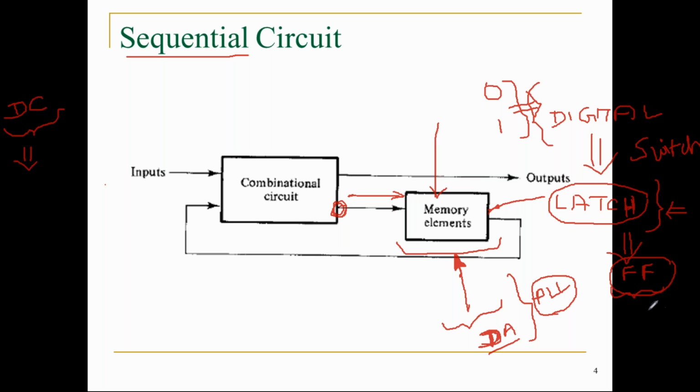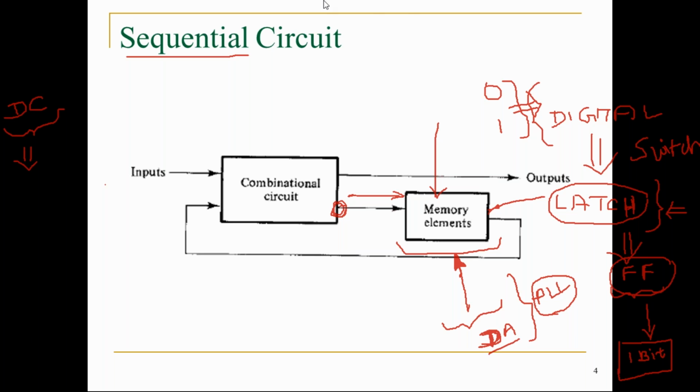So a latch or flip flop is a unit used to store the element. How many bits can be stored? Only one bit. So a single bit storage unit is a flip flop. We will see the classifications and its operations in the forthcoming sessions.